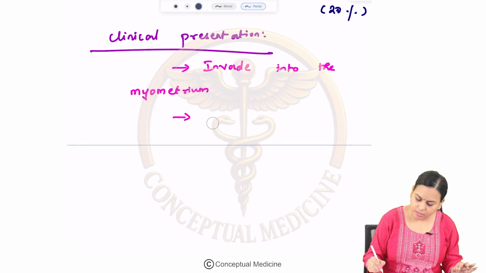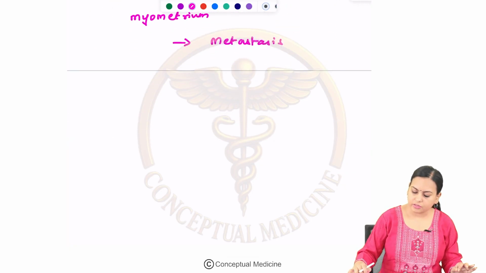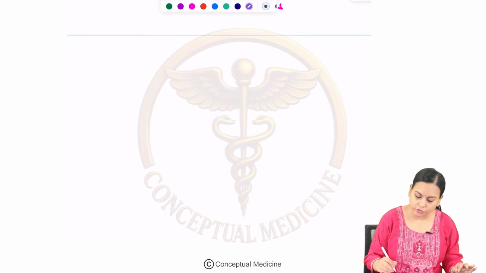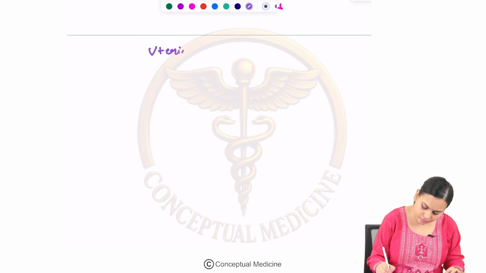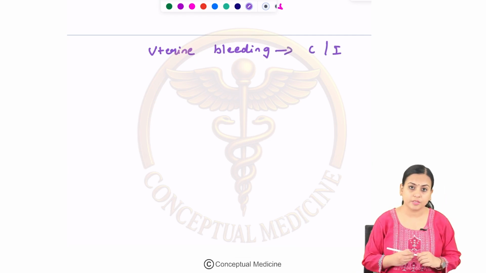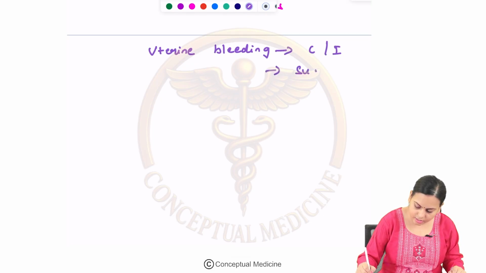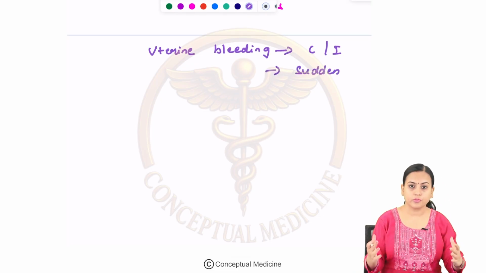Metastasis is also seen in some people. The clinical features will include uterine bleeding, which can be continuous or intermittent, and sometimes can even present as a sudden profuse hemorrhage.